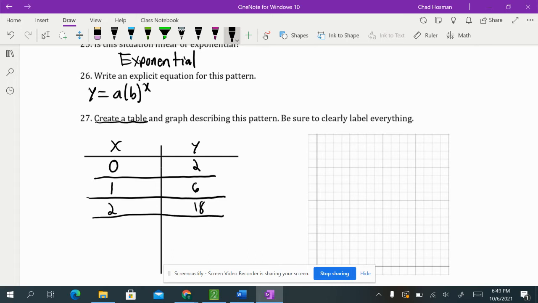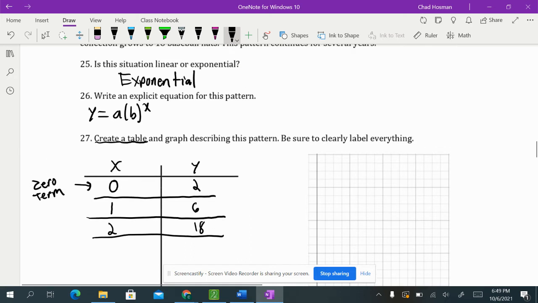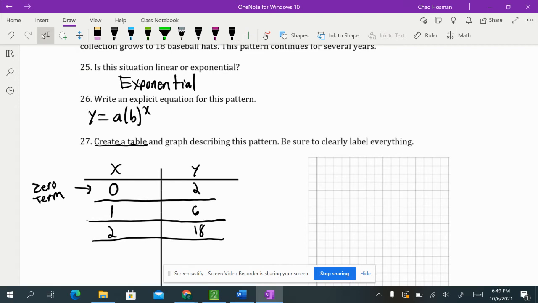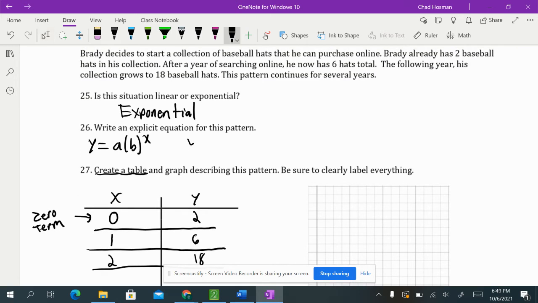All right, so that tells us we're dealing with the 0 term, which means we can just use this y equals a times b to the x, right? And we have to remember a is our starting value, right? It's the 0 term, so it's going to be 2, because that's how many hats he starts with. And then b is what it's being multiplied by each time. It's the common ratio, so it's being multiplied by 3 each time.